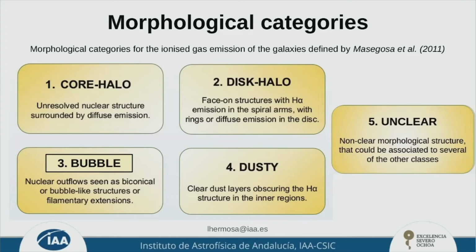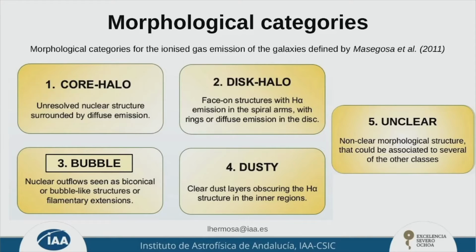Then disk halo or disky, which is whenever the H-alpha emission was around the spiral arms or the galactic disk, these kind of structures. Then bubble, which is the one we are interested in, that is essentially when we see biconical or bubble-like structures emerging from the nuclei or asymmetric structures that could be hints of outflows.